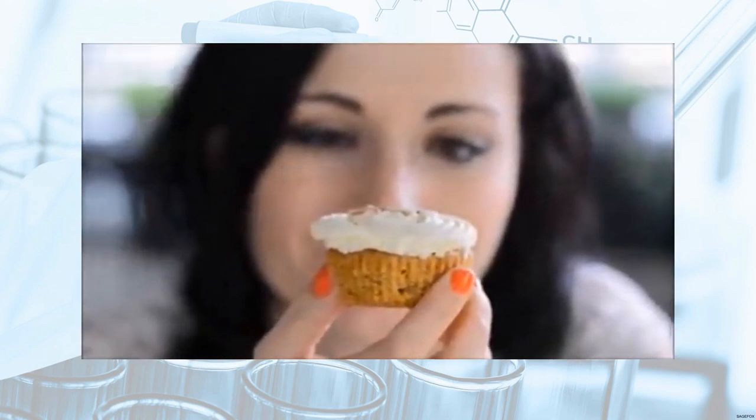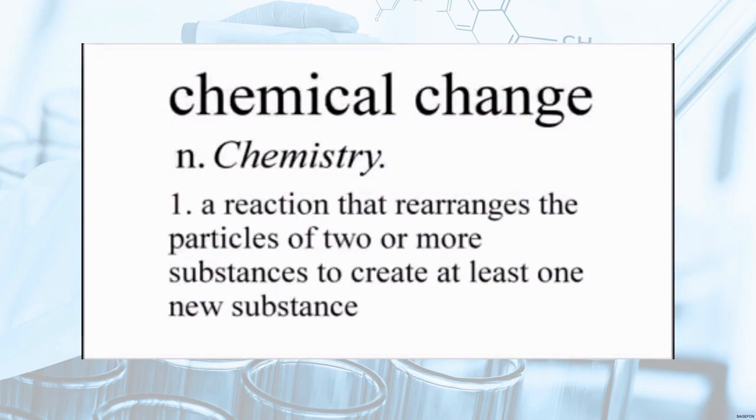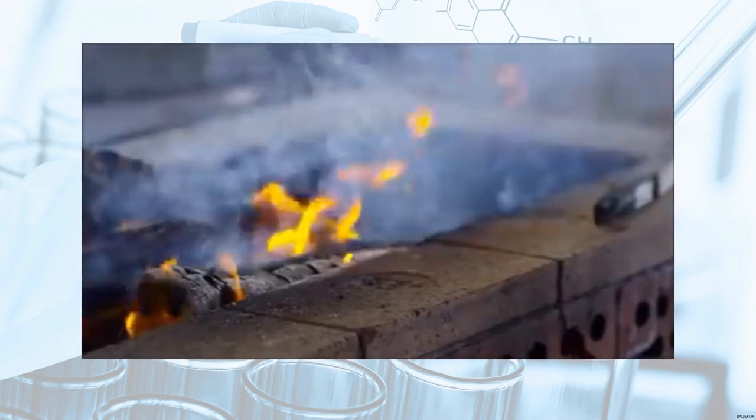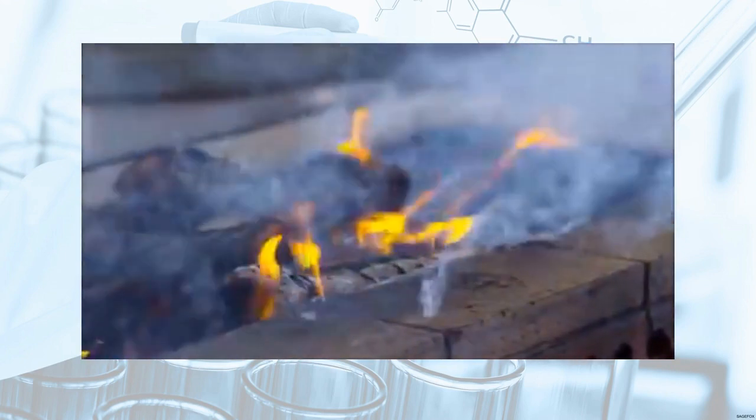Finally, this change cannot be undone. You can't unbake a cake. Chemical changes occur when the particles of two or more substances are rearranged to form a new substance. For example, when you burn wood, the wood is transformed into a new substance, ash.